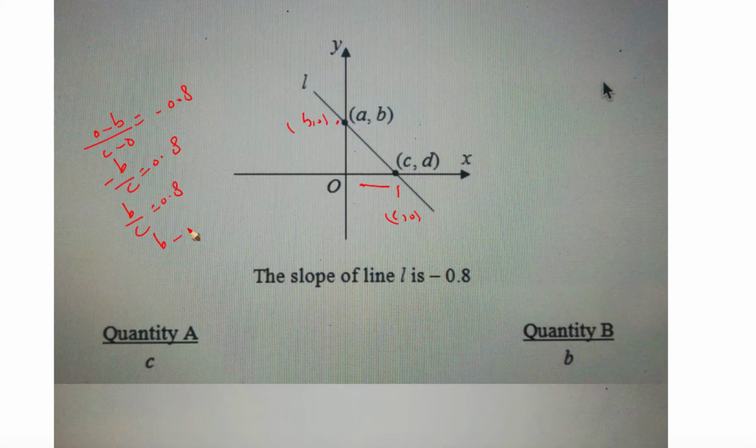So B is equal to 0.8 C, which tells us that C is greater. Now how can we find the slope? It is rise over run.